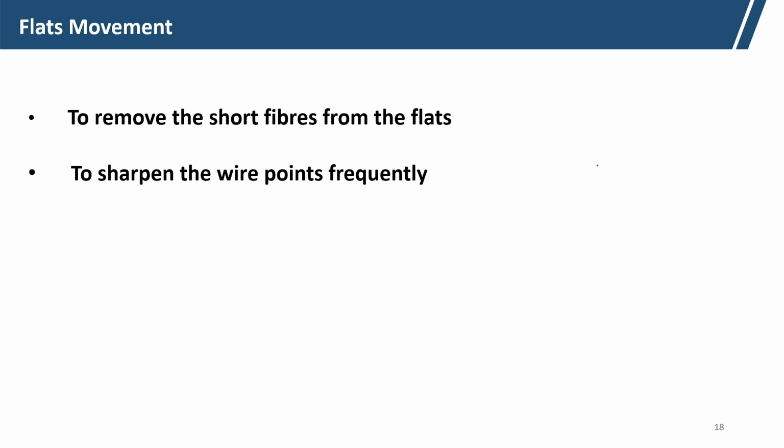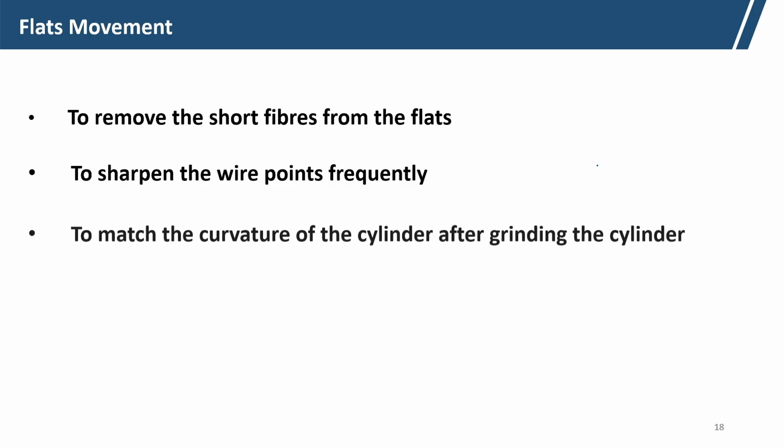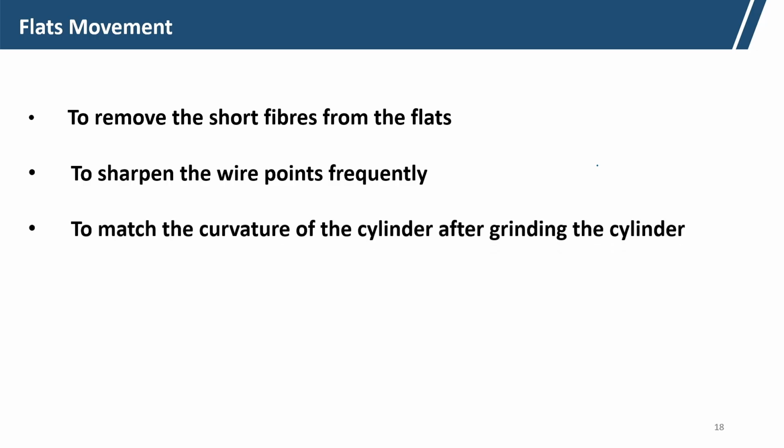Also, during use the flat wear points get blunt, so we need to sharpen them by grinding, and we can grind the flat during its running position. When it is running, the grinding can take place to match the curvature of the cylinder. That is why we need flat movement.